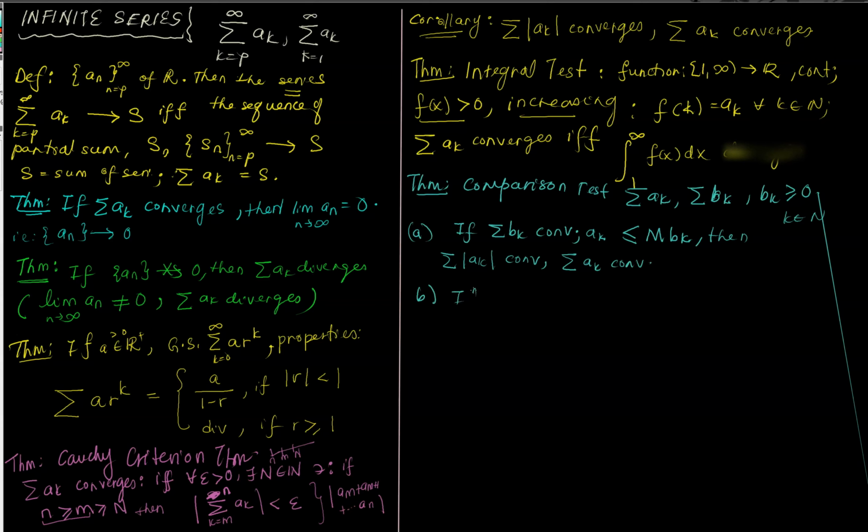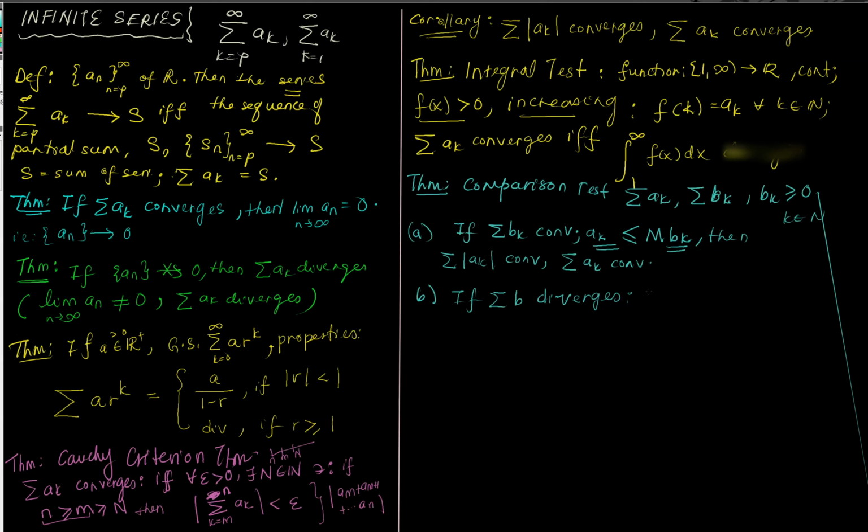But if the series b_k diverges, here you need to make sure that when you compare a with b, a has to be greater than b. That's the key. We don't care what the constant is.